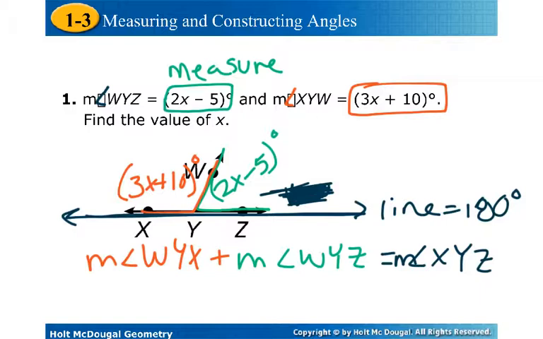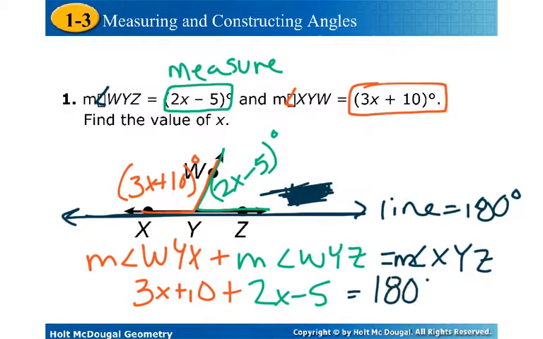So again, algebraically, that means that 3x plus 10 plus the other angle of 2x minus 5 is going to equal the measurement of 180 degrees.